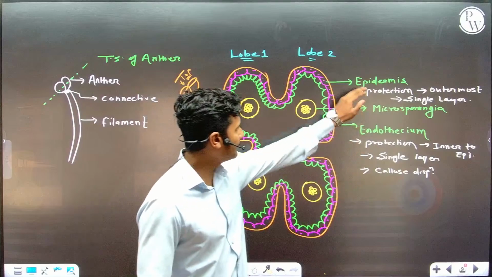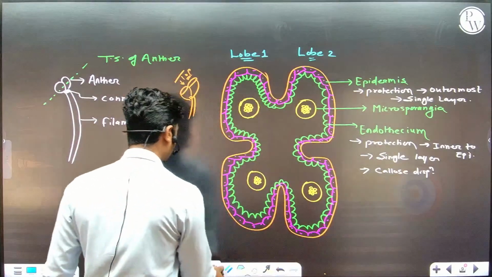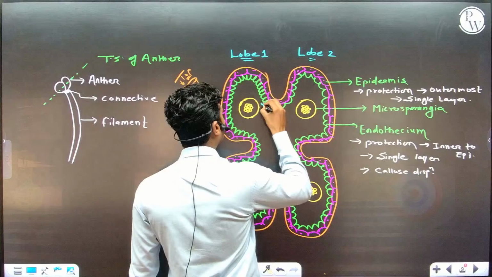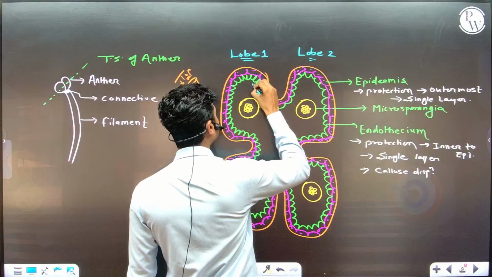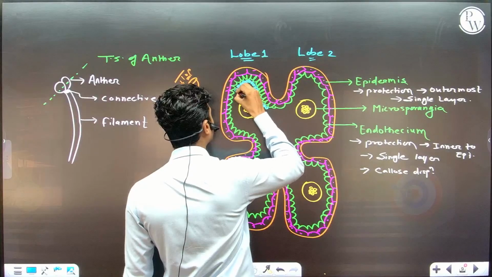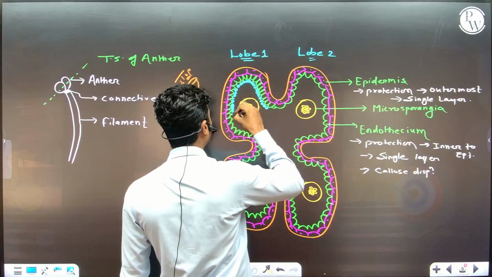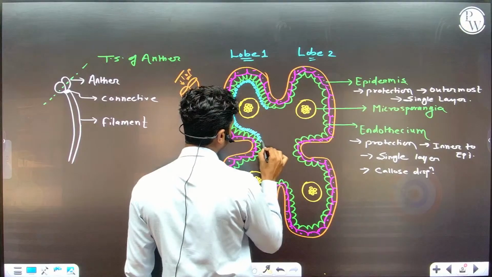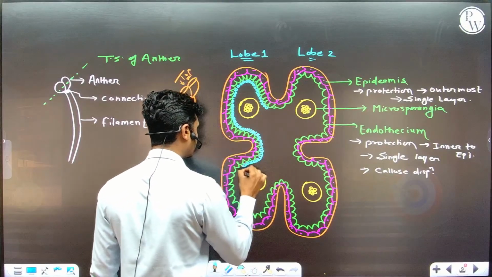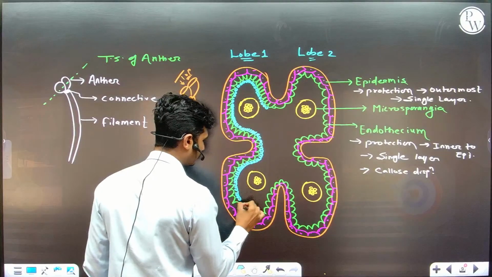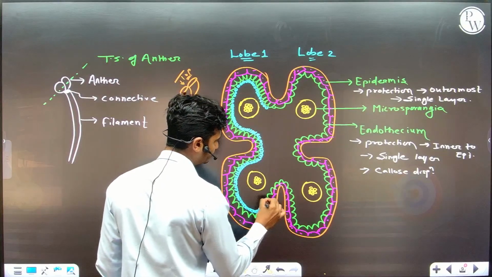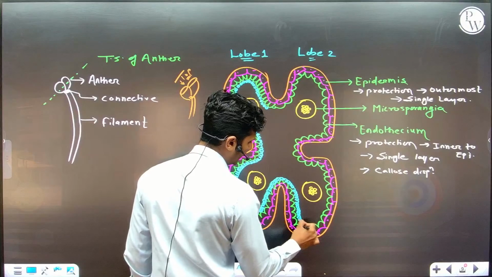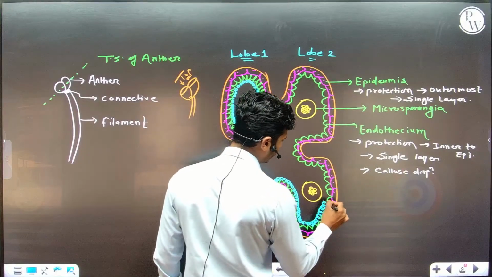For this protection purpose, we have epidermis and endothecium. The third layer for this protection purpose that we have here is known as small parenchymatous cells, just below the endothecium.